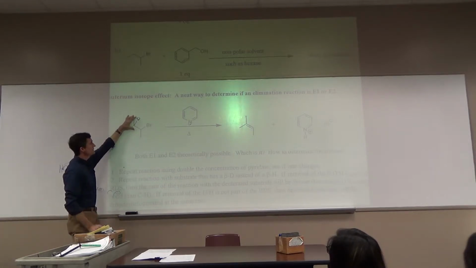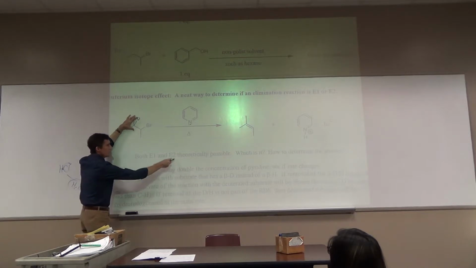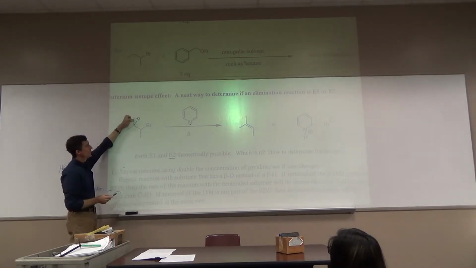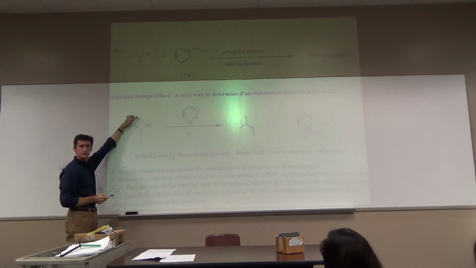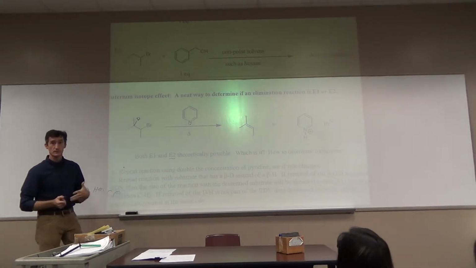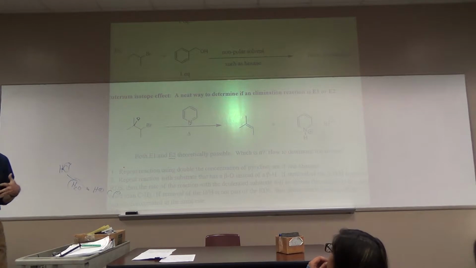Since it's stronger, if the reaction is E2, what will this being a D do to the rate? Increase it? It'll make it more difficult, and thus slow the rate. Because breaking a stronger bond in your rate determining step is more difficult and thus slower. What if it's E1?